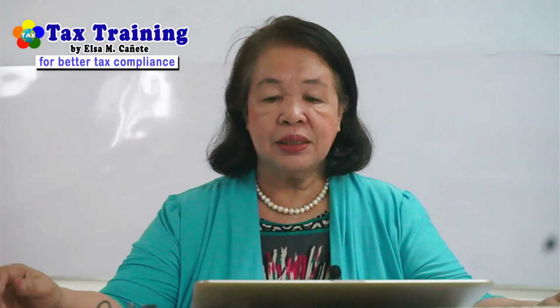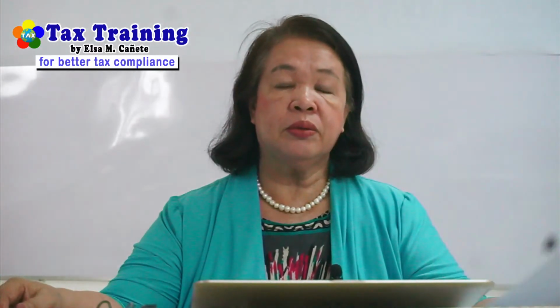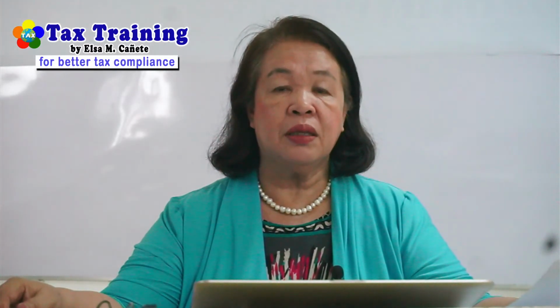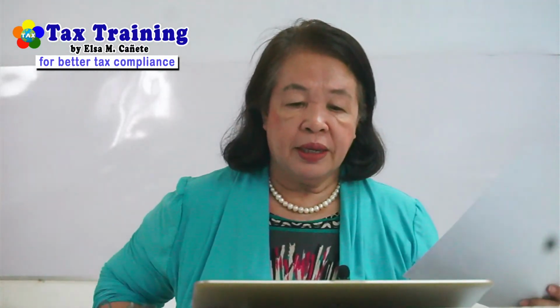So once the creditable withholding is classified, the proper use of Form 2307 must be done by the payer. So this is the 2307, the certificate of withholding tax at source. This is the creditable one.